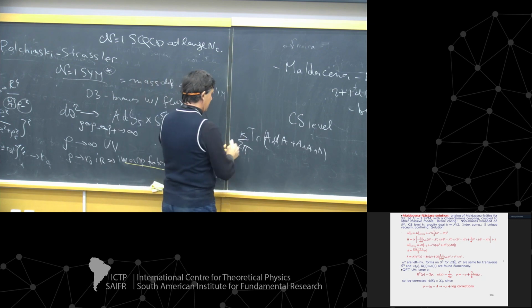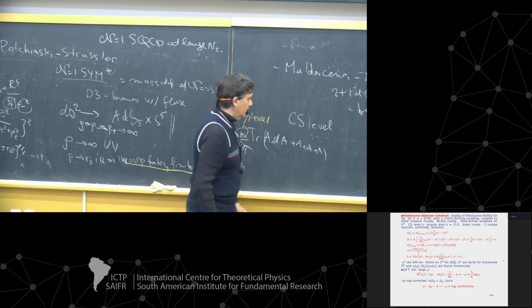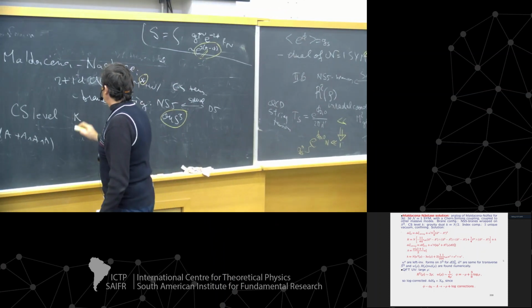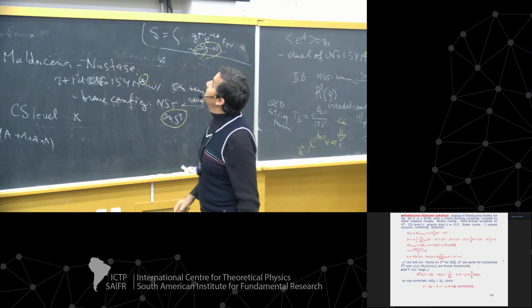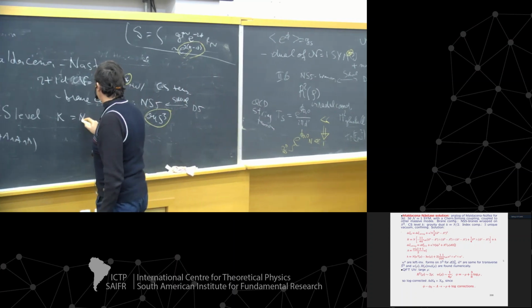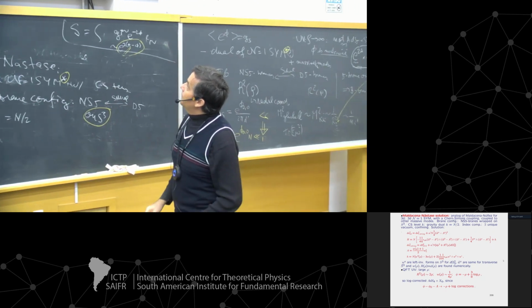This is known as the level of the Chern-Simons. So the Chern-Simons level, in this case, is k. And for the gravity dual, one considers k equal to N over 2.